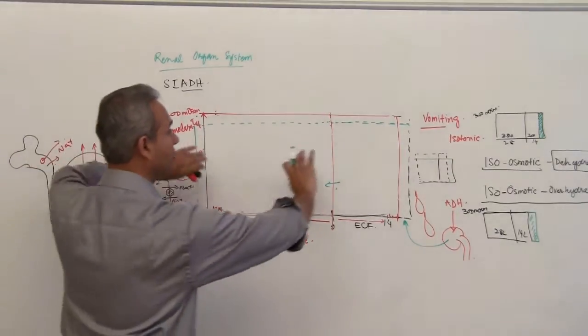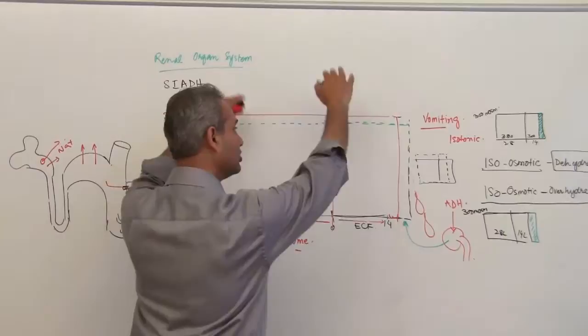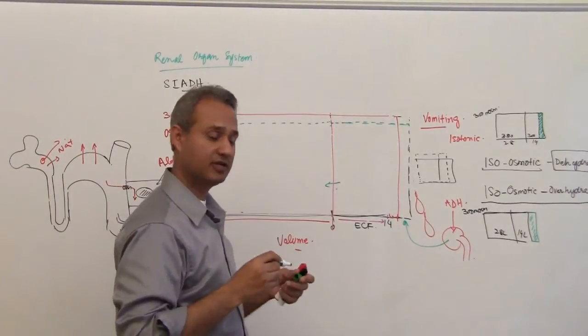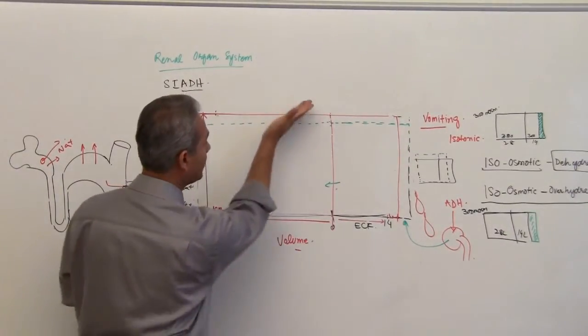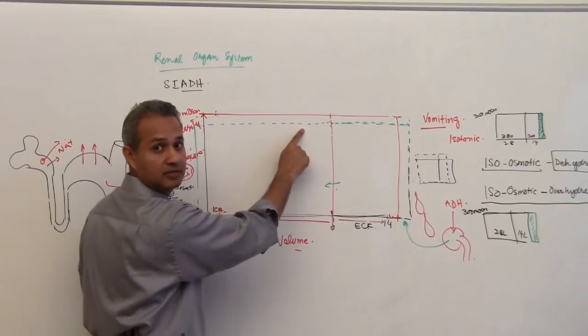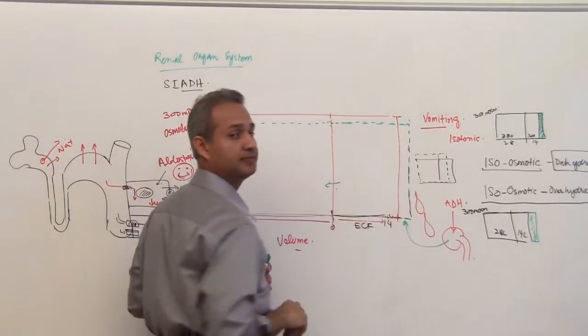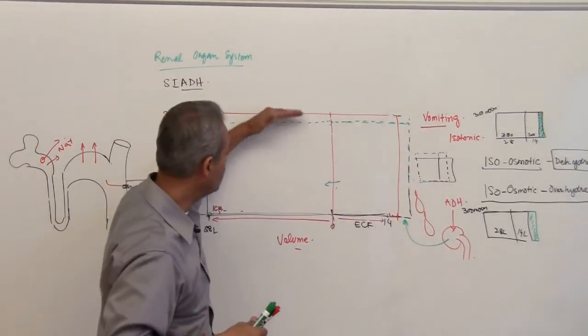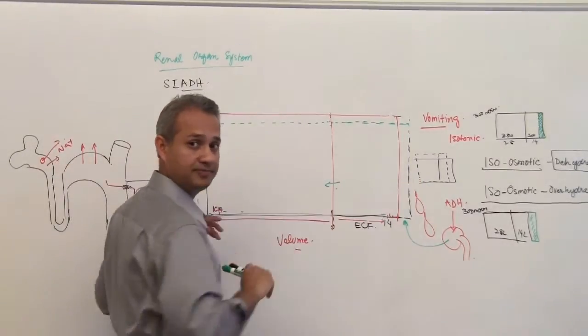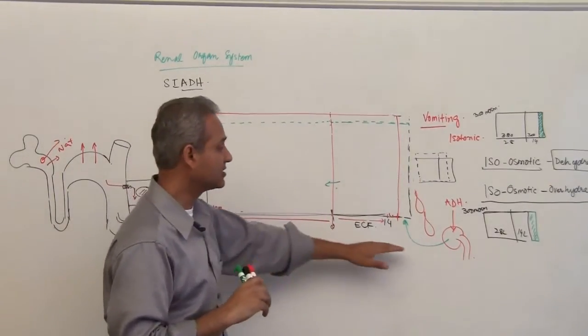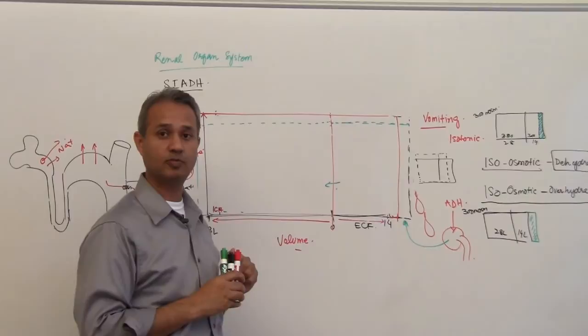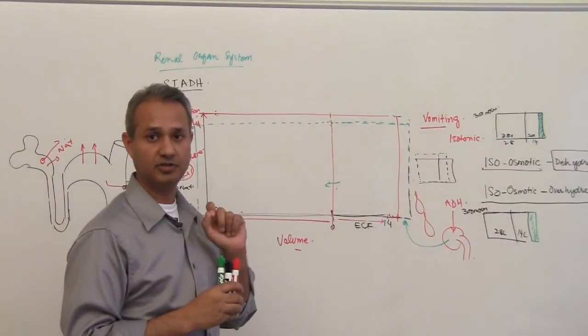Right? So both compartments have expanded and osmolarity has come down. What kind of an expansion is this? This is hypoosmolar overhydration. Right? And this is caused by the syndrome of inappropriate ADH.